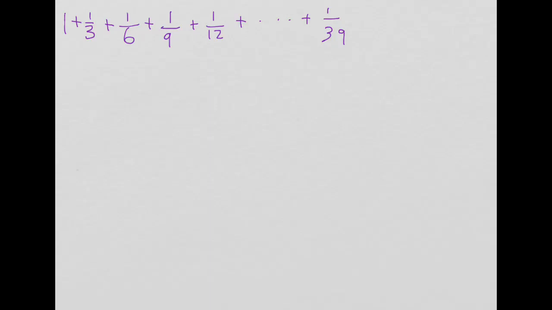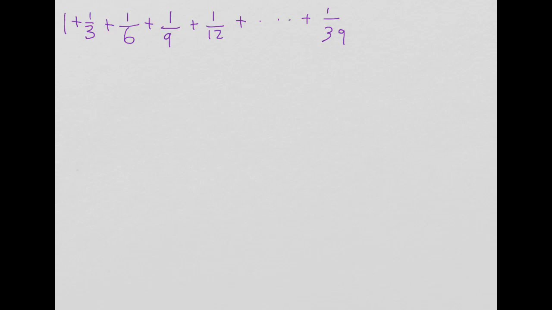Alright, so problem 2b is a little weird, because if you look at it, we know that it's not arithmetic, because we can take 1/3 minus 1 and we get negative 2/3, and 1/6 minus 1/3 is not negative 2/3. We don't have a common difference each time, so it's not arithmetic.